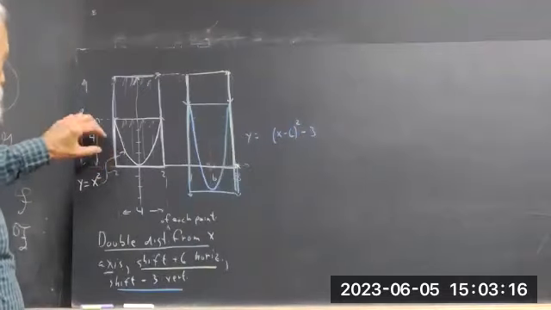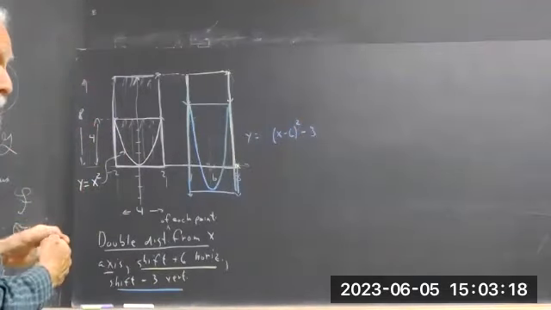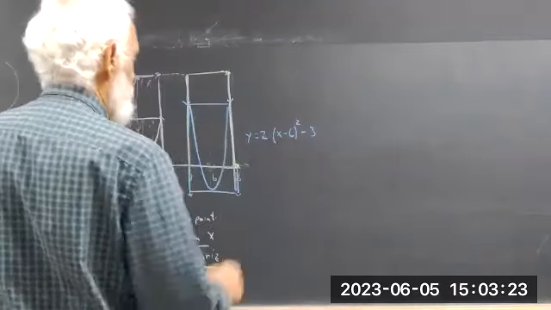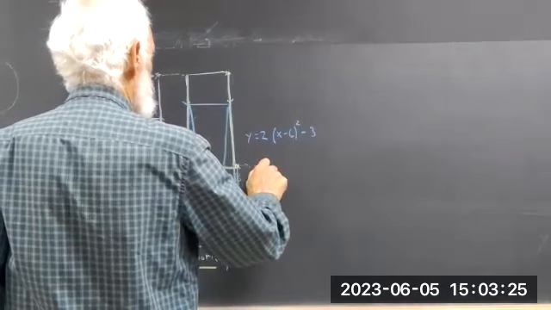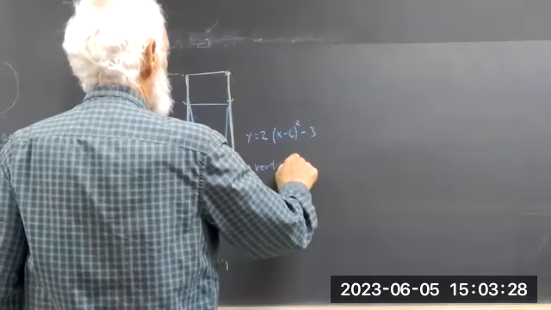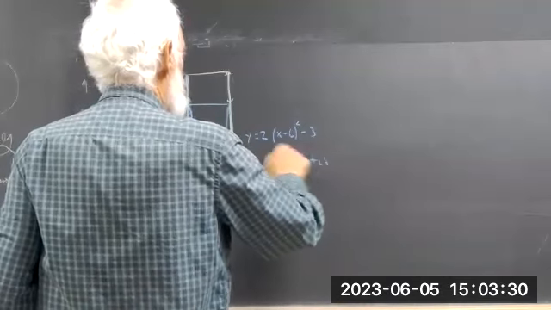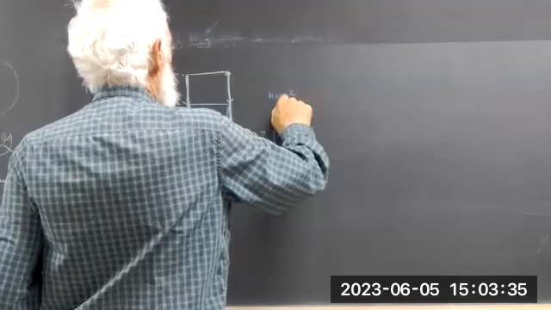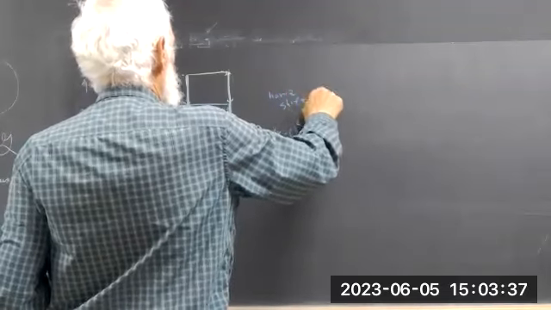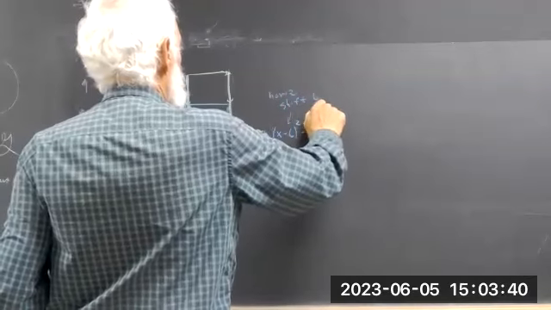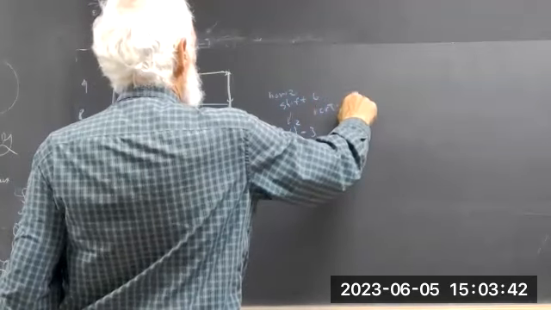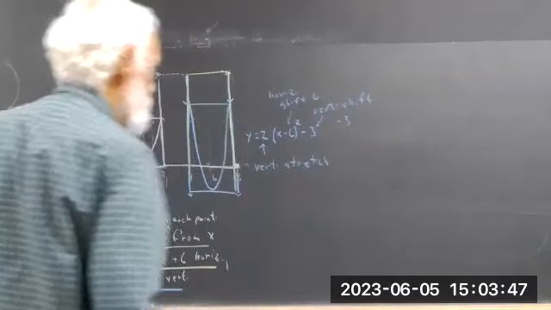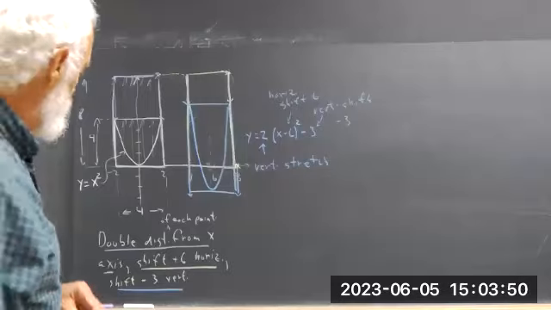But we haven't done anything about the fact that we stretched it. Well, that's taken care of by a number out here. So here's our stretch. Our horizontal shift is 6. And our vertical shift is -3. And here we see how to do this.